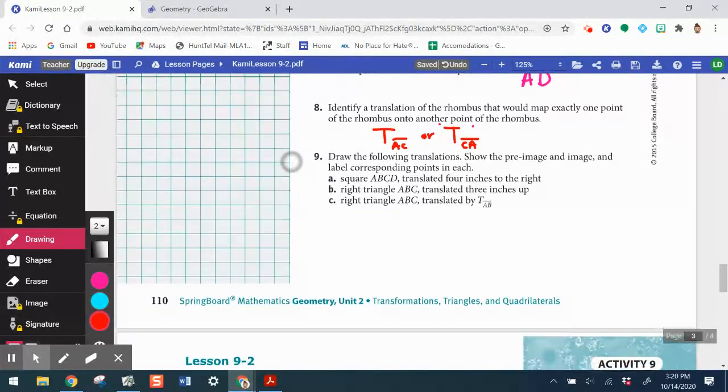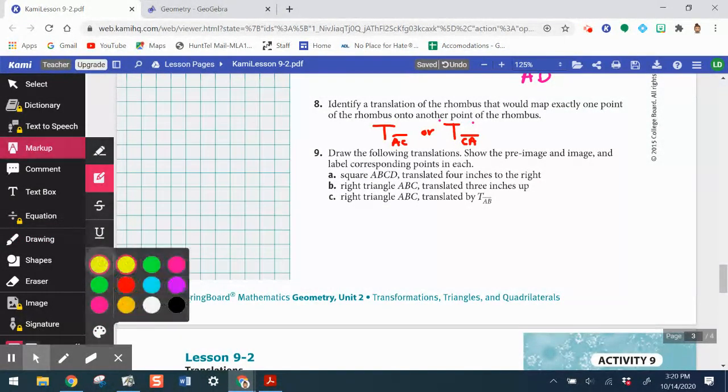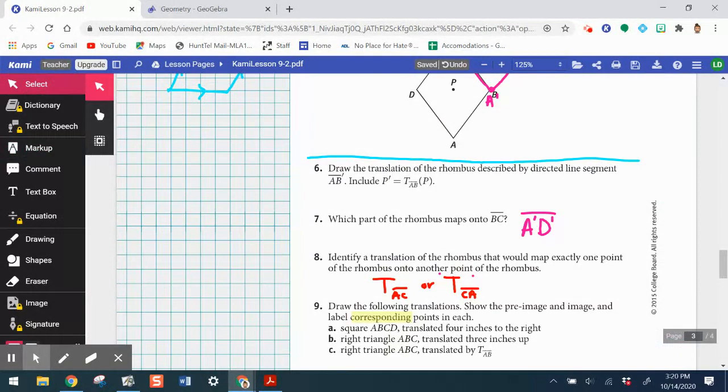Now, number 9 asks us to draw the following translations, show the pre-image and image, and label corresponding points. It seems they threw in a word that you might not necessarily be familiar with. Corresponding points, we saw a similar idea to corresponding angles back in our parallel lines.